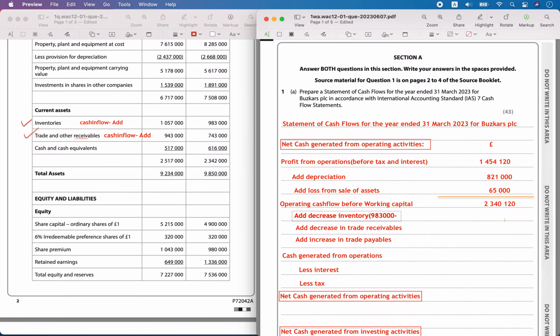I am going to write the working here. 983,000 minus 1,057,000, the change is 74,000. I will have to add this because it indicates inflow. So 74,000.